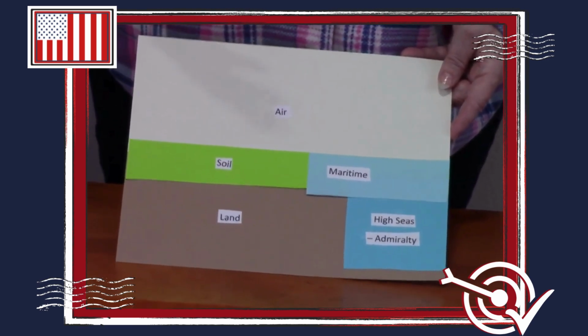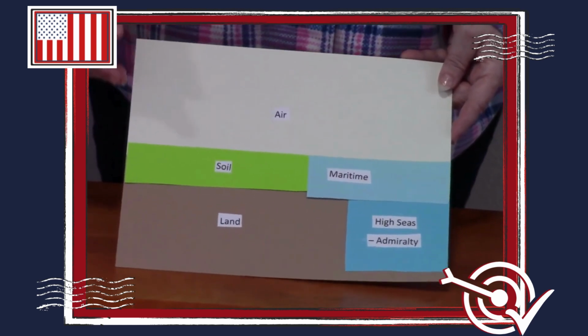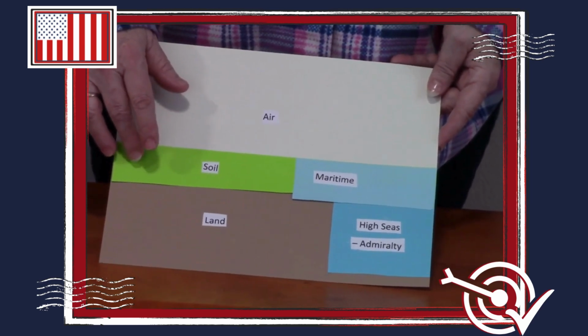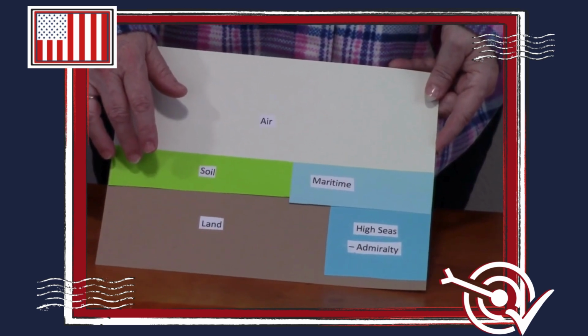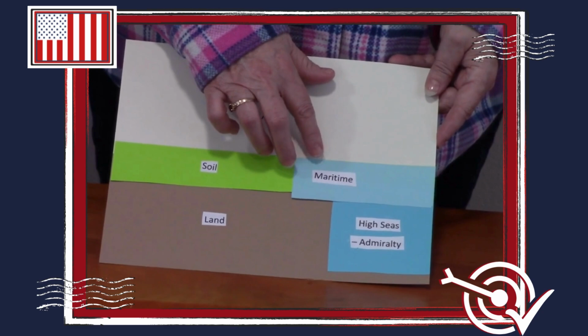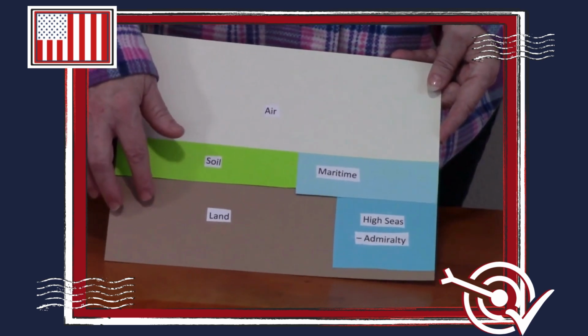They can exist in the jurisdiction of the air. Then you have the soil, which is the national jurisdiction of every country, and the maritime, which is basically commercial or contract law. And then you have land law.